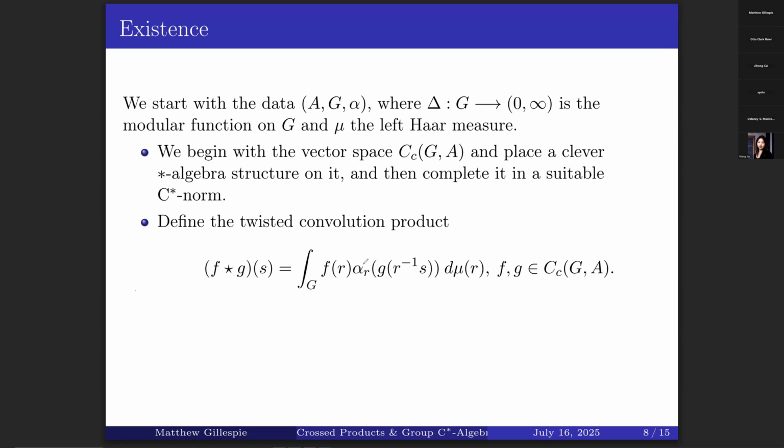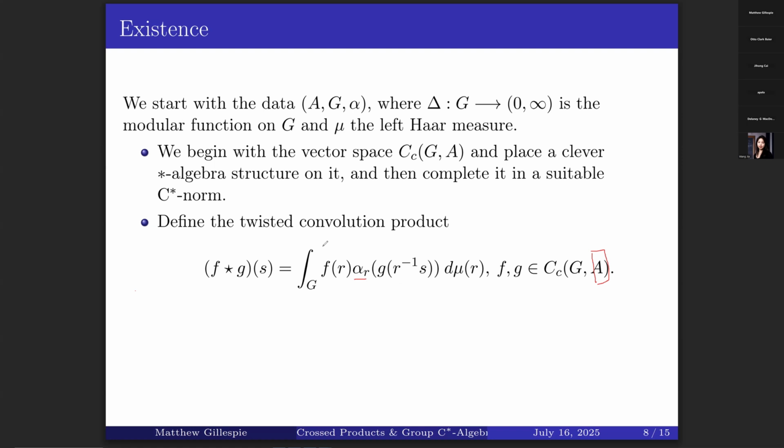So all I'm doing is adding this twist by alpha. And why this might be confusing is because these functions are taking values in a C-star algebra, they're not scalar valued functions. So integrating this might feel weird, because this is called vector valued integration, and it's not obvious that this makes any sense.